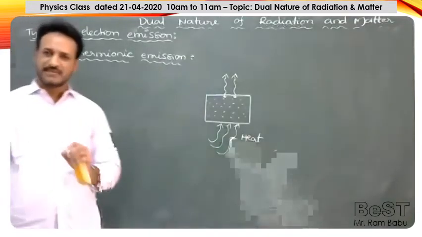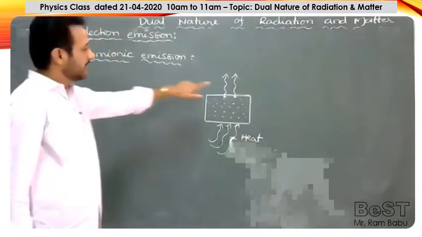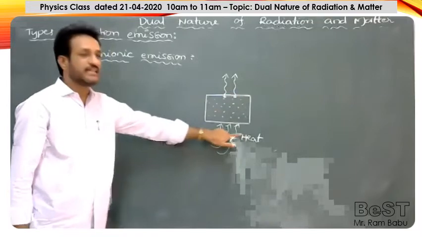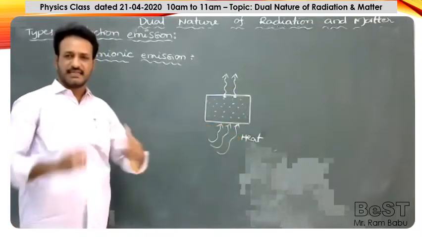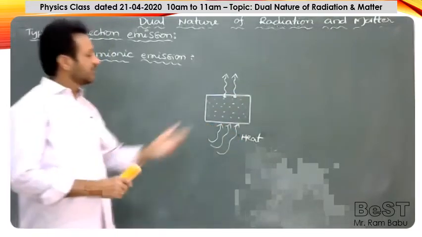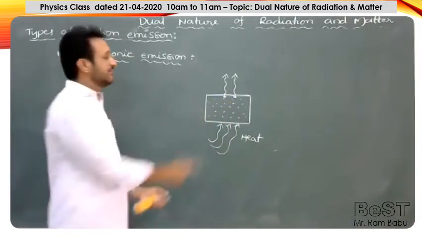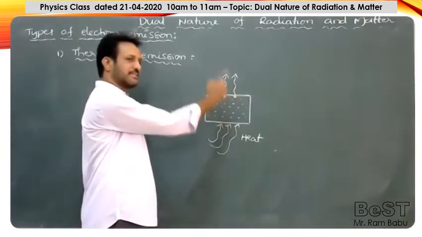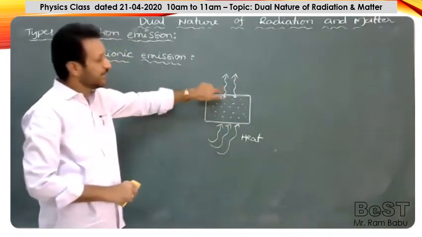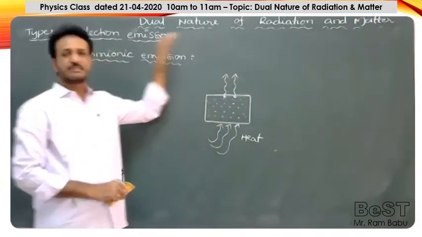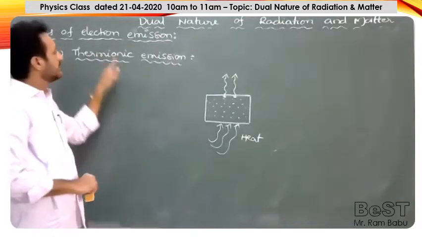Whenever heat energy is applied to the metal, the electron absorbs the heat energy, overcomes the work function or surface barrier, and is emitted from the metal surface. This phenomenon is called thermionic emission.